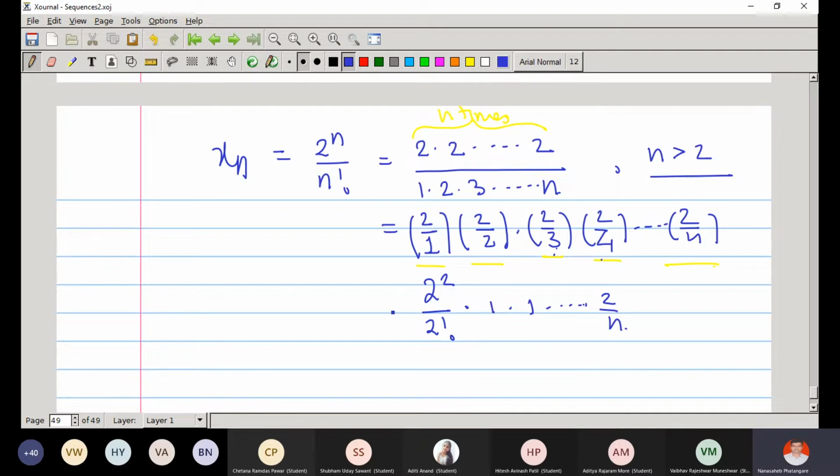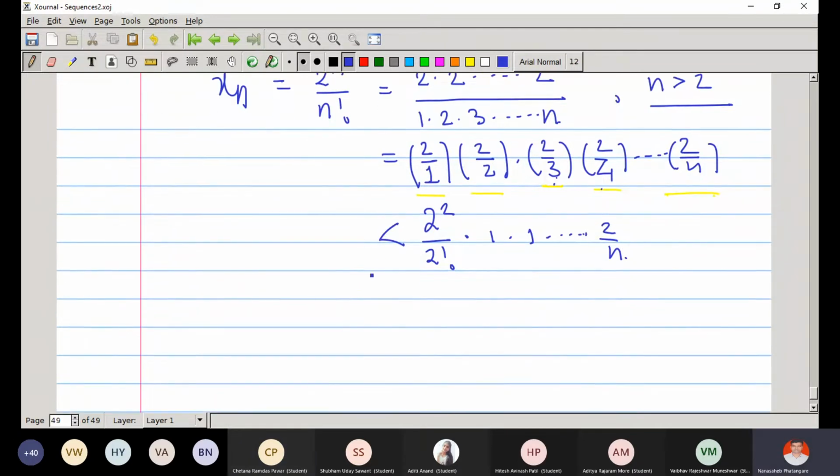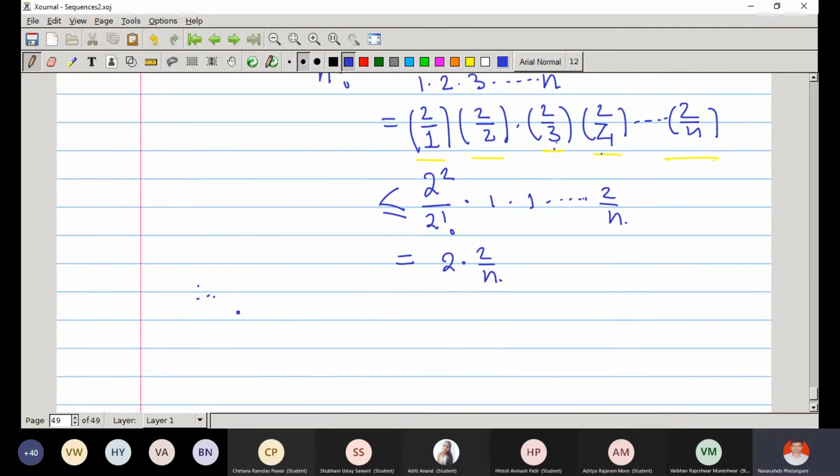This amount is greater than the previous one, or no harm in saying less or equal, no problem. So ultimately what I get is 2 into 2 upon n. So what is the conclusion?